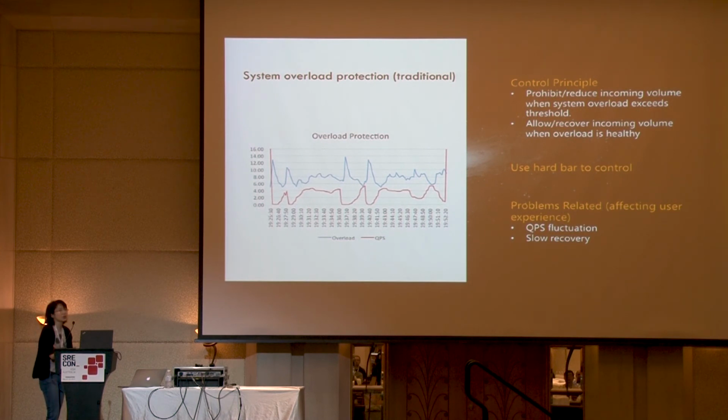This means that if we use the system load as the trigger for flow control, then even though the problem has been fixed, because the system load is still high, the flow control is still there, so the requests that can pass through the system can only be increased slowly. This results in slow recovery. We need to do something to improve this.